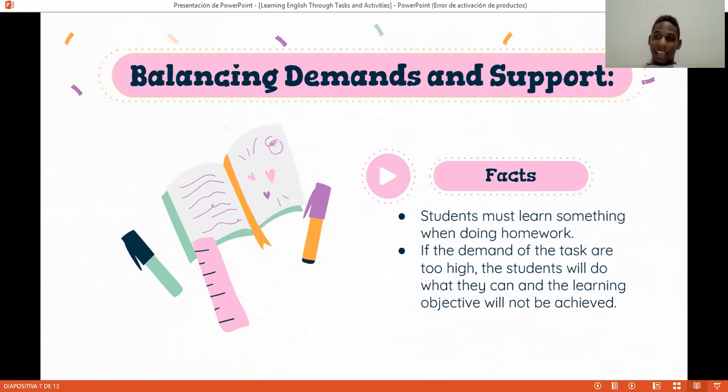Remember, when we plan a class, we have to plan a general objective and some specific objectives. And to achieve that general objective, we have to follow the specific ones in an organized way. Okay. I know that sometimes we have different problems in the class and we have to move on or change some things. But the important thing here is to achieve the general objective that we plan, because that is how we are going to know if our students learn or not.